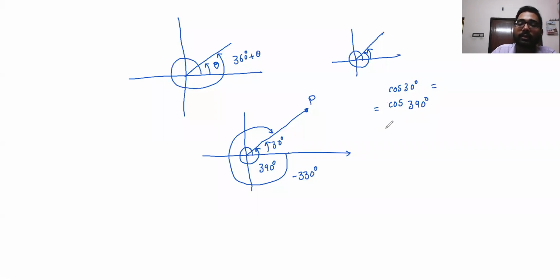Cos 390 is equal to cos, you can add 360 more, so that is going to be 750. And that is also equal to cos of minus 330, and that is also equal to cos of minus 690, right? So like this.